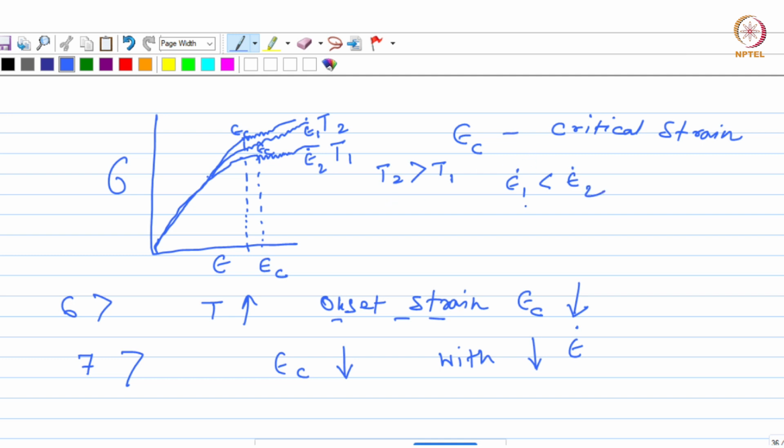Since the strain rate is lower, the critical strain at which the serrated flow starts is also lower, as you can see from this point, right? So it is here for epsilon dot 1 at this point, compared to this point, which is at a higher strain corresponding to epsilon dot 2.